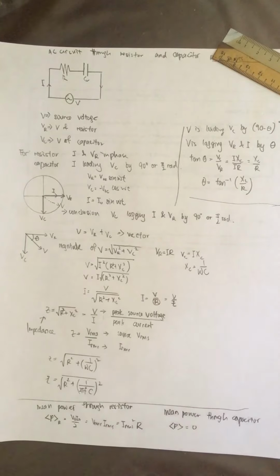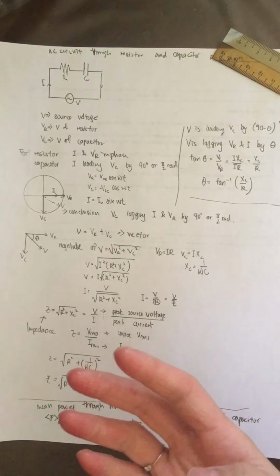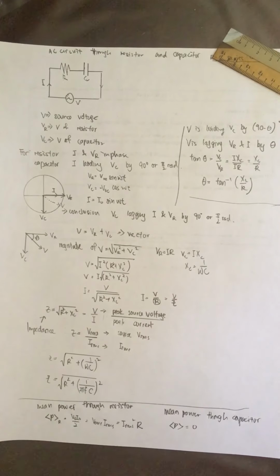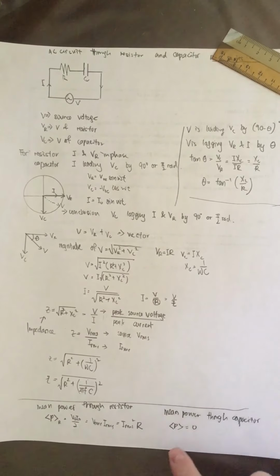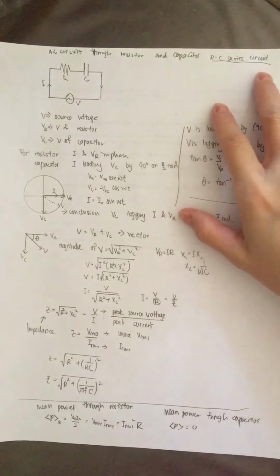Why? Because the power that is absorbed by the capacitor will be released, the same as the power released to the circuit. So your mean power through the capacitor will be equal to 0. So that's it for your RC series circuit.